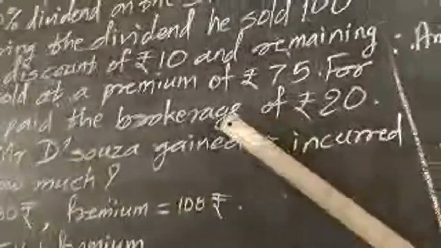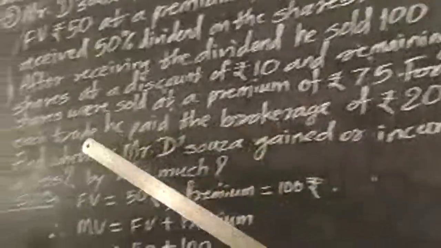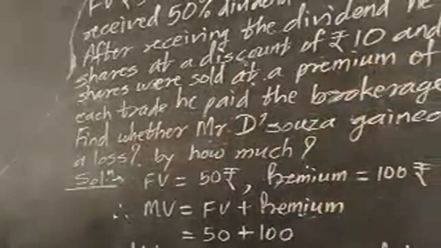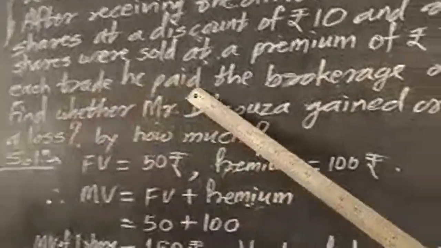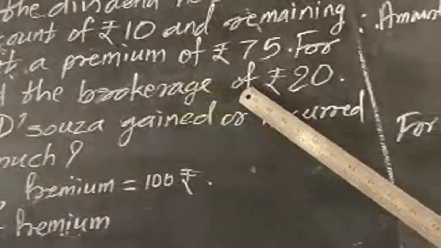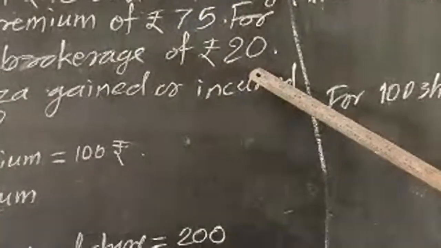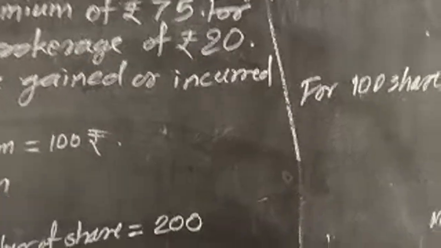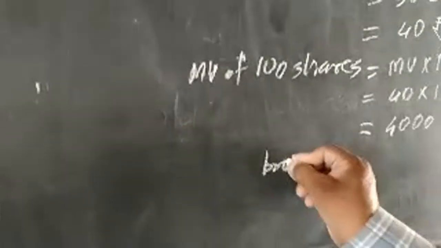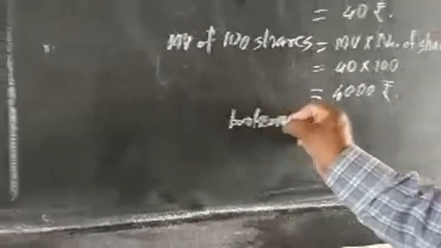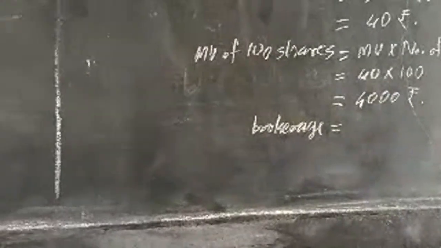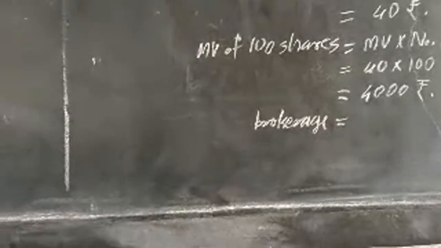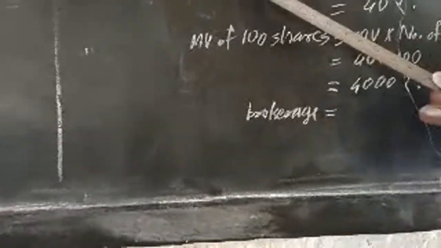Then here, for each trade he paid a brokerage of rupees 20. First we complete the 100 shares.